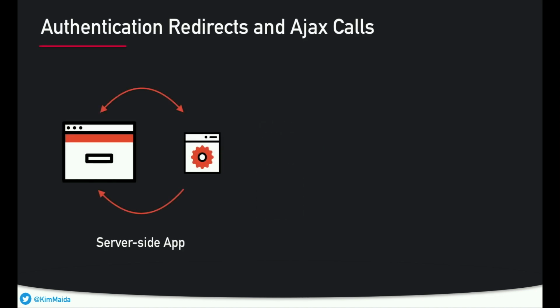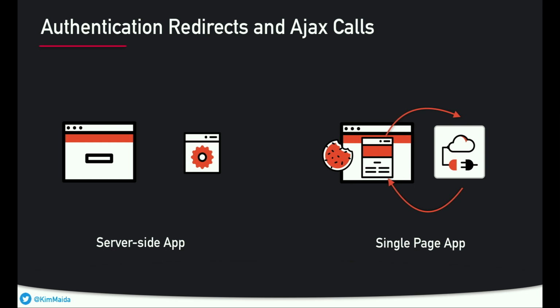There's one thing that you do have to keep in mind, though, if you do this, and that is that when an application uses a cookie-based session, so a traditional web app, and the user tries to access a page, if they're not authenticated, remember they're going to get that 302 redirect status. And this is going to redirect the entire browser to somewhere that the user can re-authenticate so that a cookie can be generated. Now, single-page applications request data using AJAX calls.